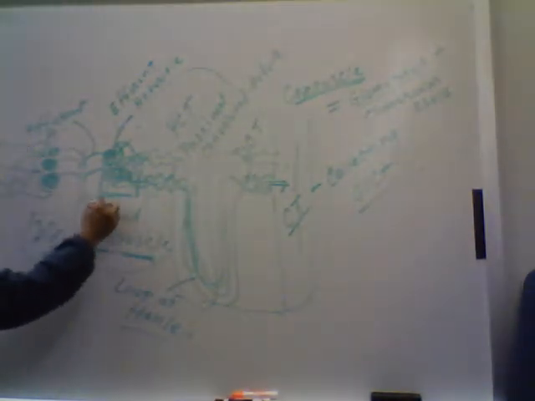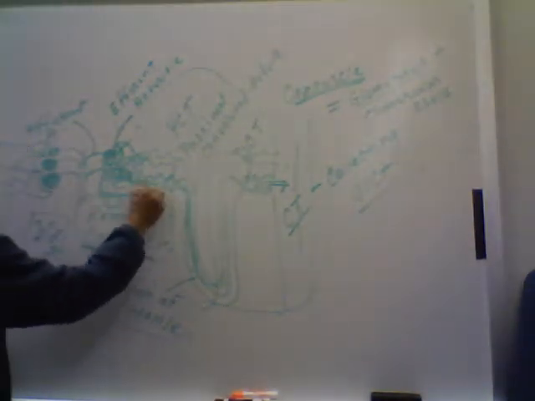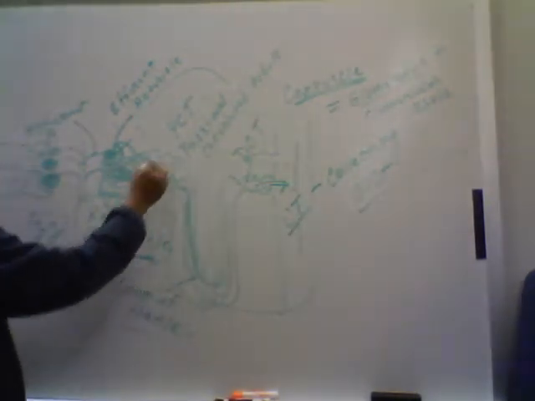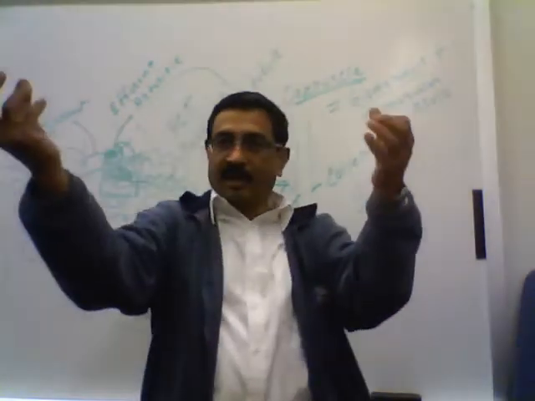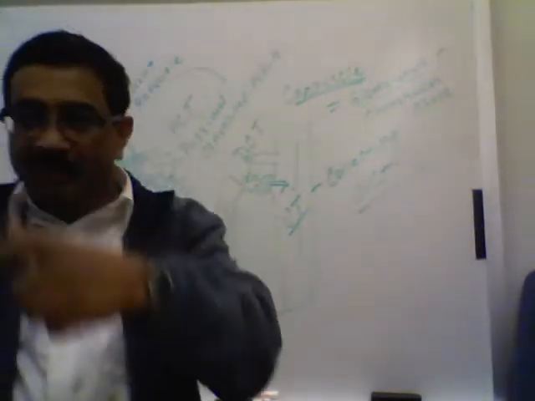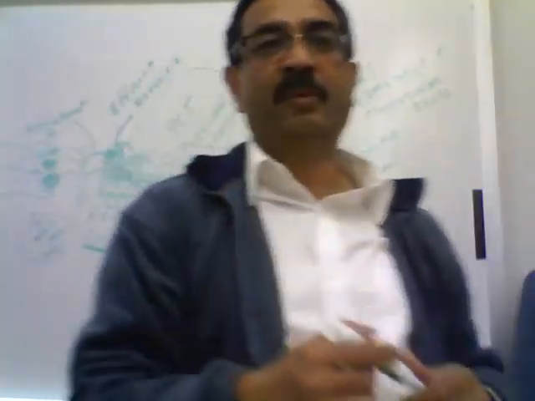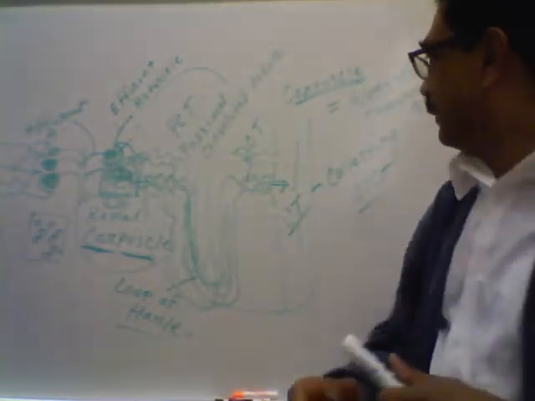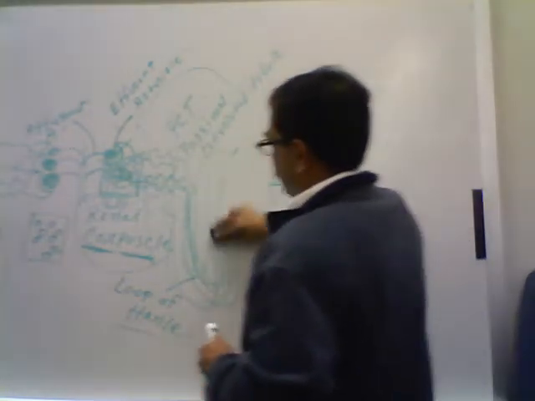Another one will also drain into the collecting duct. So each collecting duct collects urine from several nephrons. Make sense? It's a big tube where many nephrons drain the urine. Those are the parts of a nephron.